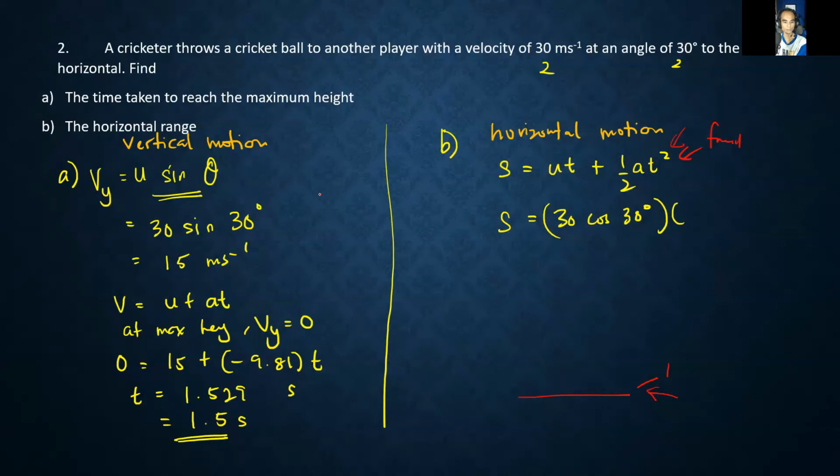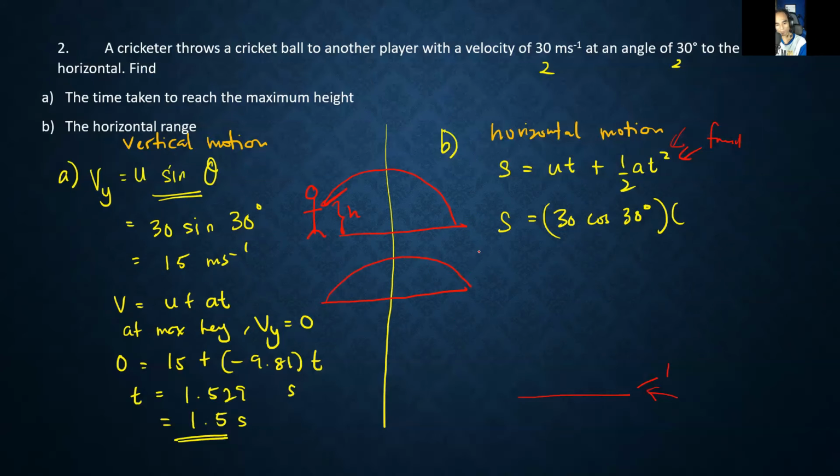I think you imagine that this is a cricketer. Because the question didn't give the height of the cricketer when the ball was struck, assume that it was a perfect projectile motion like this.